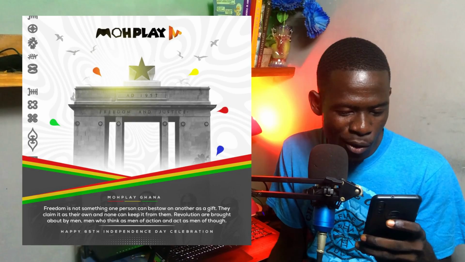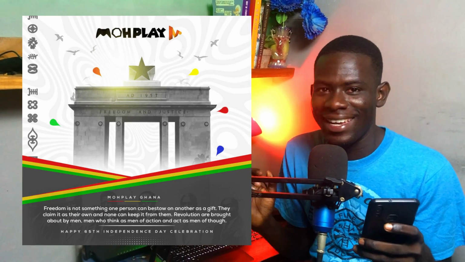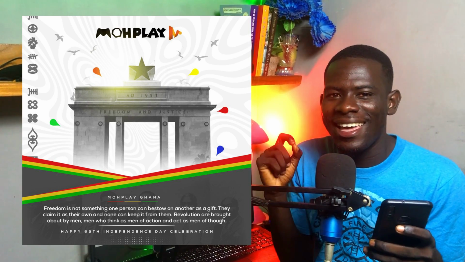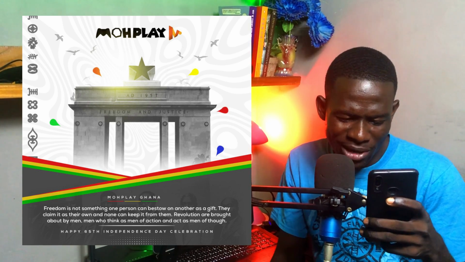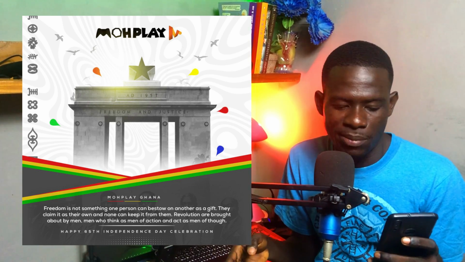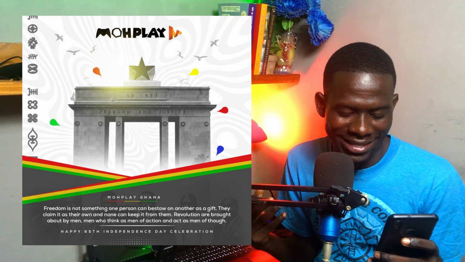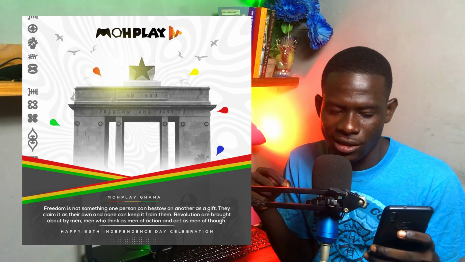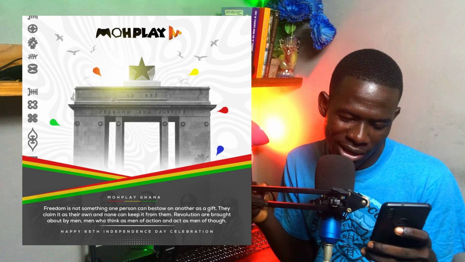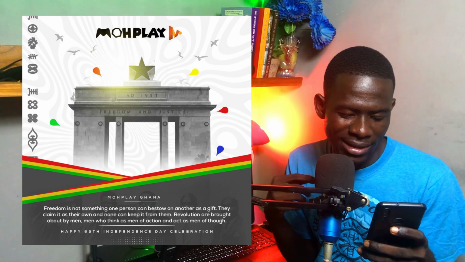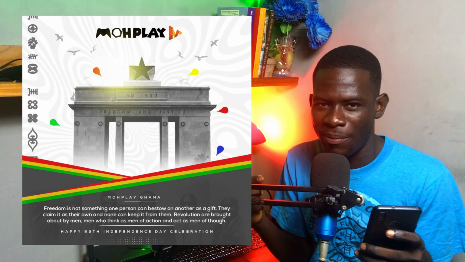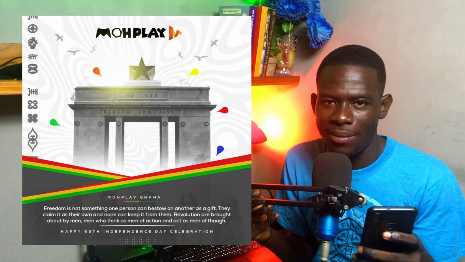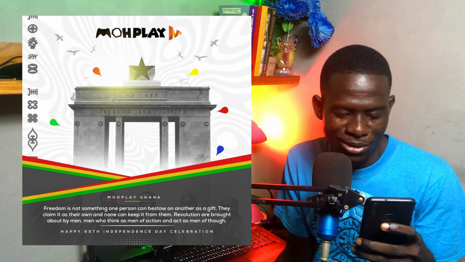So the first one is coming from More Play, and I like the concept. Looking at it, you can simply see that it is a Ghanaian made design, and the Adinkra symbols on this one look pretty awesome. You see, he did this very simply. You say that simplicity is sophisticated. So he just used the Ghanaian colors with some slight, I don't know how to call this, if it is a silhouette or an overlay, but with some slight overlay at the bottom with the pictures of the big six, and then he actually did incorporate some of the Adinkra symbols on this one, and the background also looks very simple.